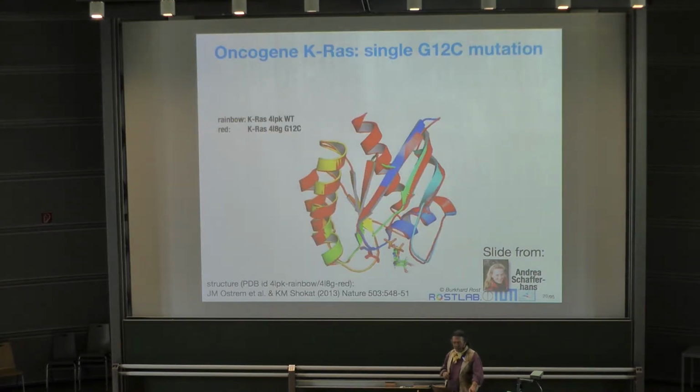Now the coloring changes slightly here. We are overlaying a protein in red that in fact is the same protein, but it has one particular point mutant. So at one particular residue position, you have another residue. And that other residue, you had at position number 12 a glycine.